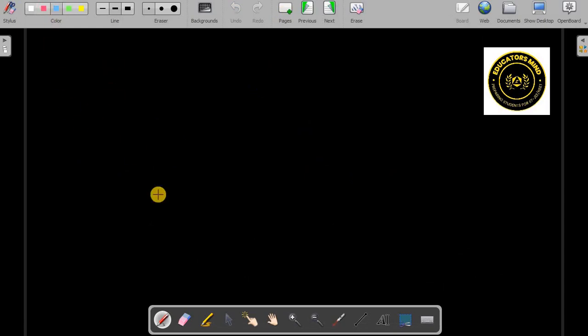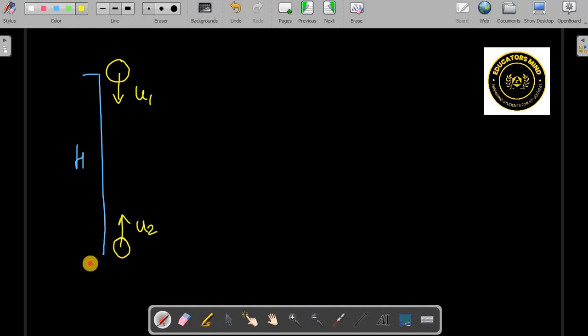Suppose there is a building of height h and you throw a ball from the top with a velocity u1. At the same time, from the ground, you throw another ball with a velocity u2. Now where are they going to meet, or at what height do they meet?